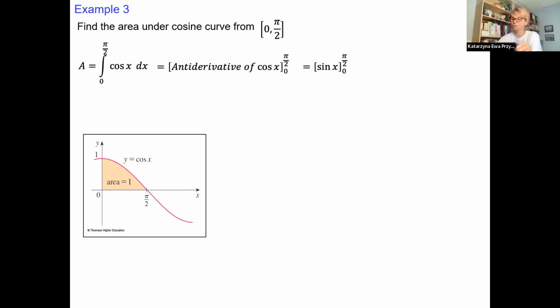What we can always do is think about what we got, and always differentiate. The derivative of sine of x, we're supposed to get back the original function, the original integrand. That means the derivative of sine of x is cosine, okay?